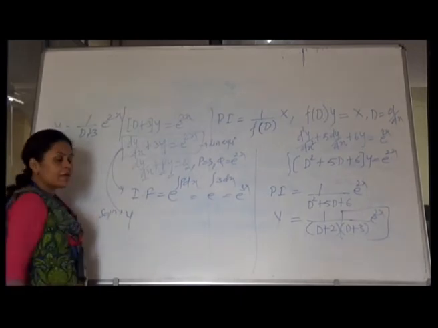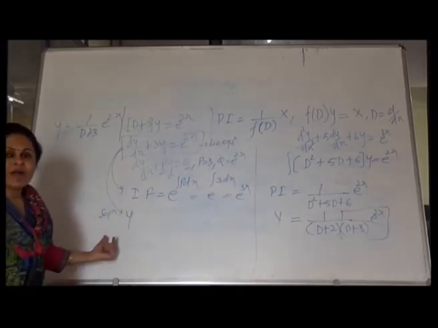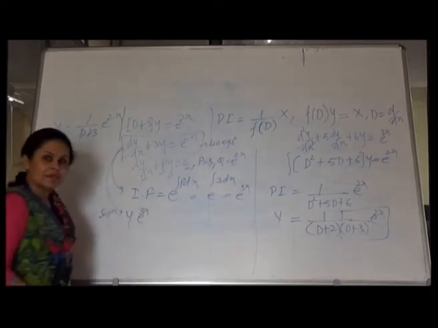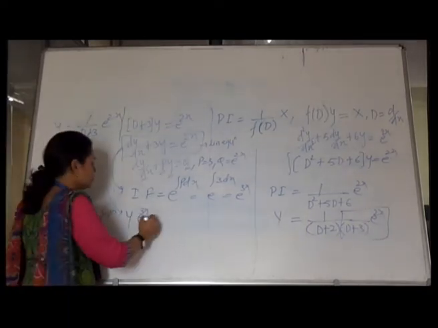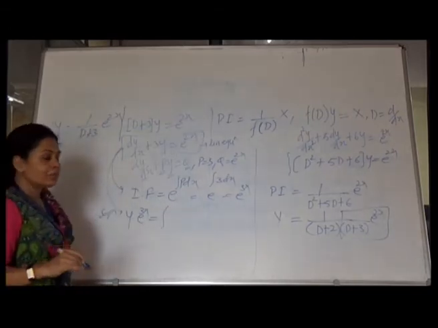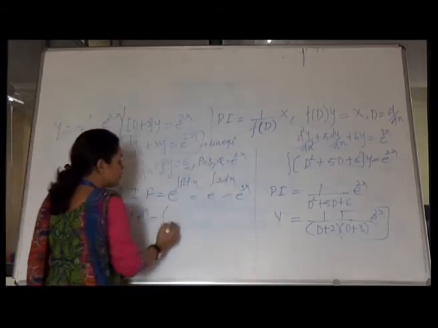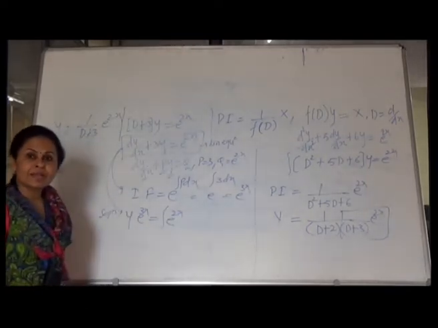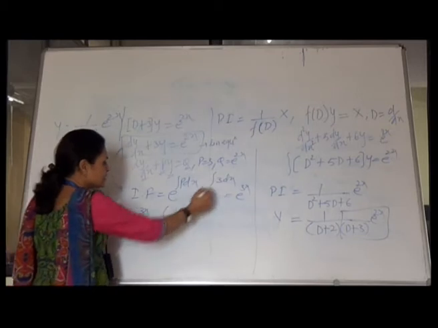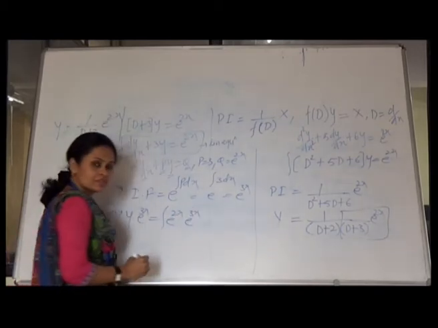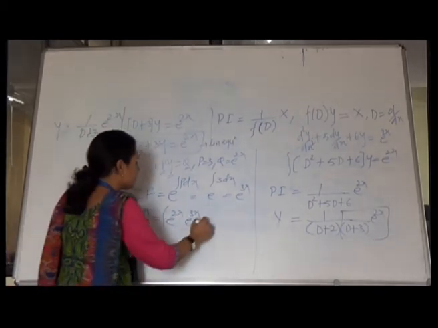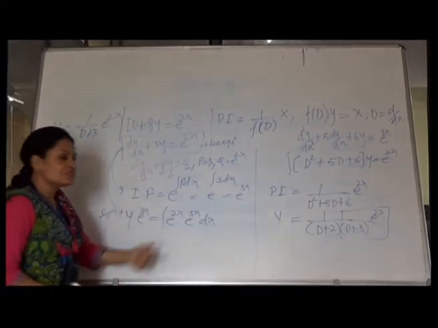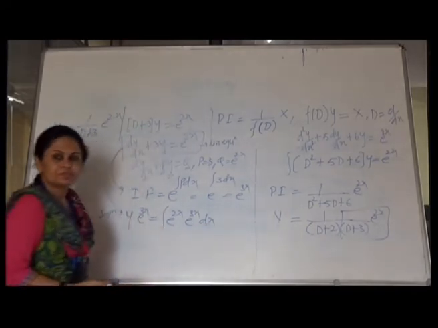Dependent variable y into integrating factor, y into e raised to 3x, agreed by all, is equal to integral q. What is the function q here? e raised to 2x into again the integrating factor. What is the integrating factor? It is e raised to 3x, which we got just now, multiplied by dx plus the constant c, which comes in the solution.